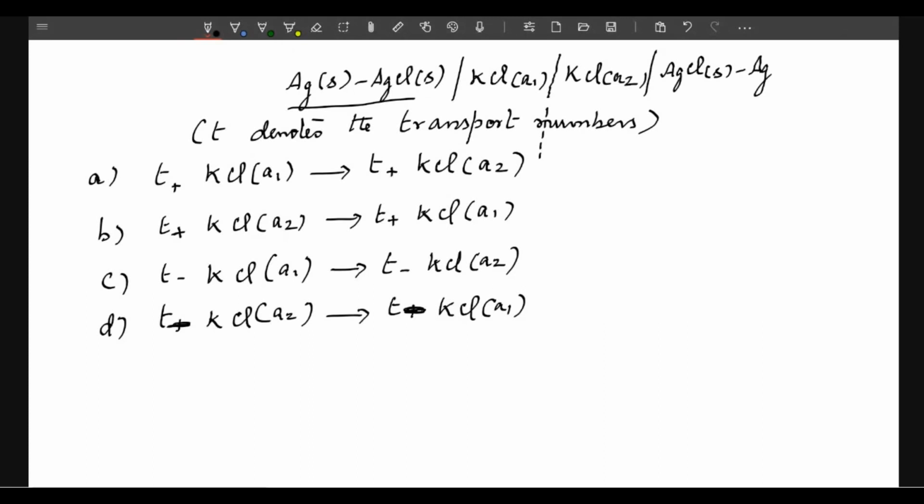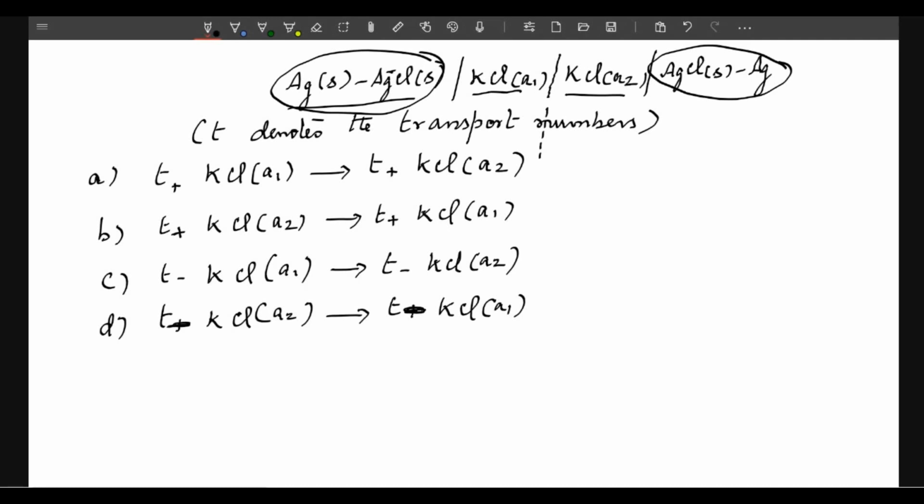Here the left-hand side electrode and the right-hand side electrode are the same, therefore they get cancelled in the overall reaction, but here this and this would not be cancelled. Which is having higher concentration, which is having lower concentration? A2, this cathode compartment, is having higher concentration, and the KCl at the right-hand anode is having lower concentration.